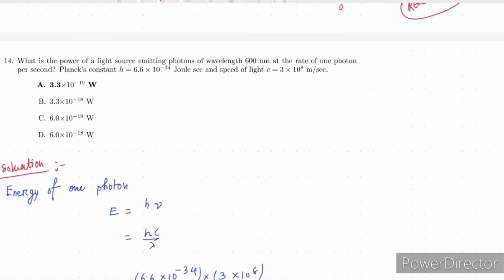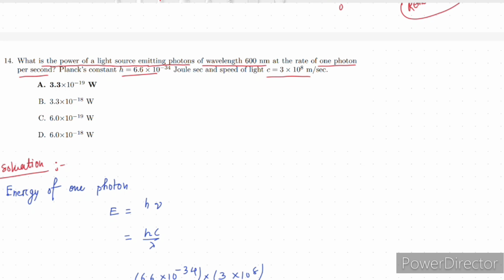Next, question number 14. What is the power of a light source emitting photons of wavelength 600 nanometer at the rate of 1 photon per second? Here the Planck constant is 6.6 into 10 to the power minus 34 joule second, and the speed of light is 3 into 10 to the power 8 meter per second. So what is the power of the light source?